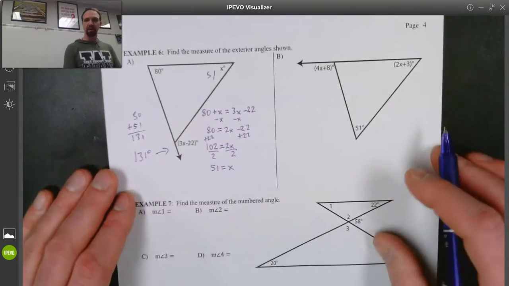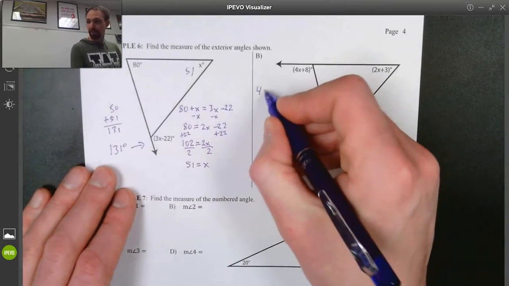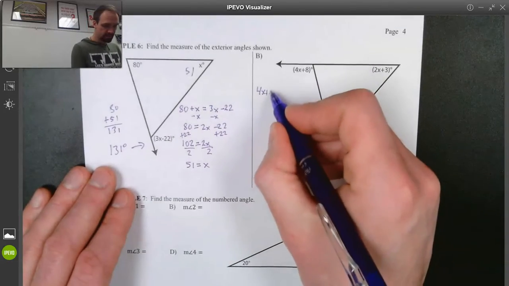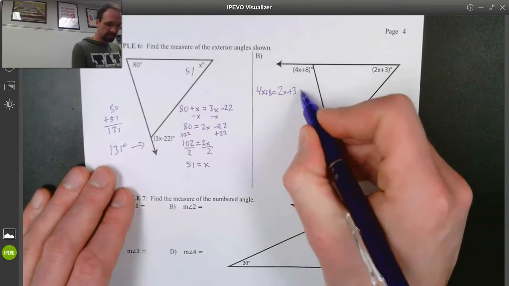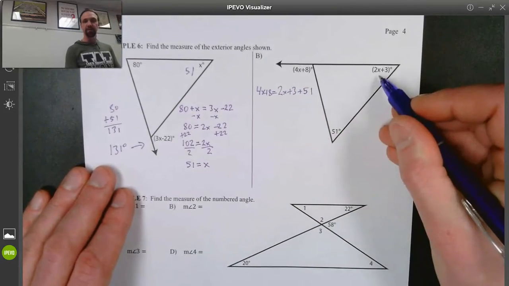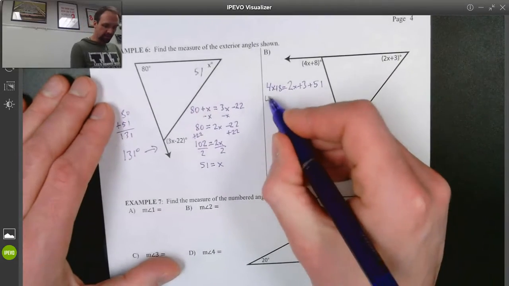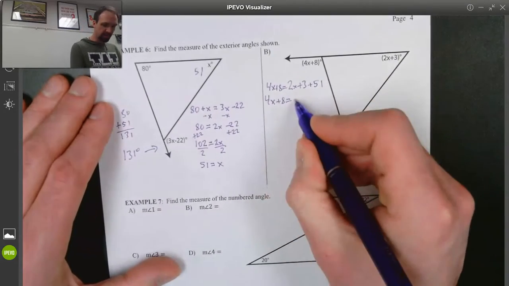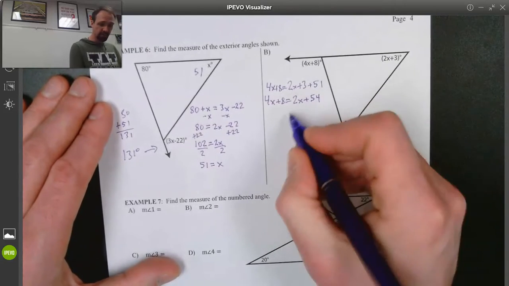Similarly, same process here with part B as well. So we're going to take 4x plus 8 and set it equal to 2x plus 3 plus 51. So these two are equal to this one here. Combine like terms. So I have 4x plus 8 equals 2x plus 3 plus 51 is 54.